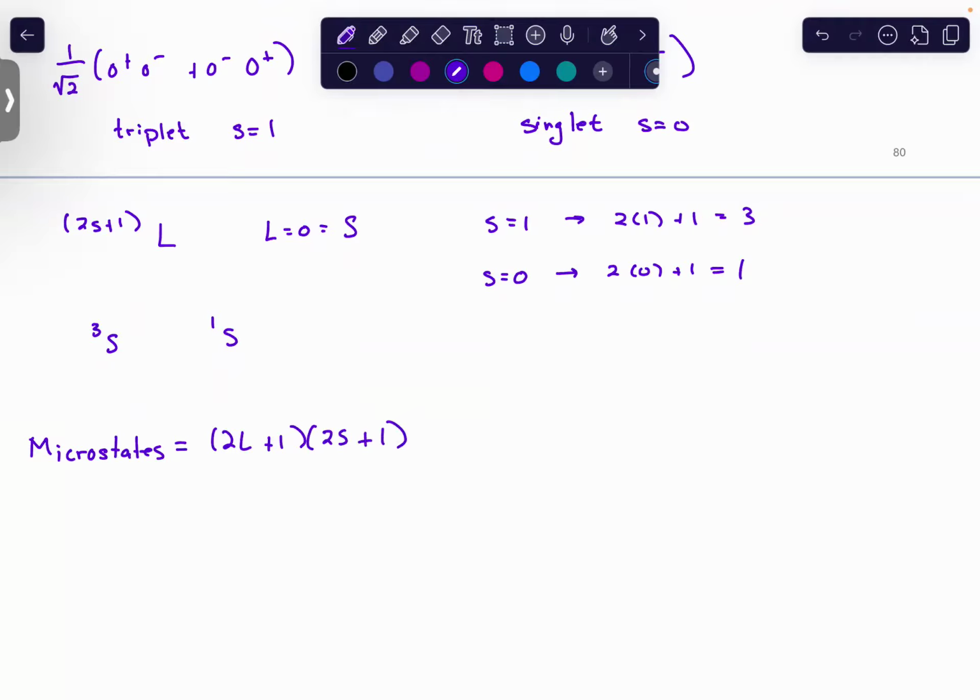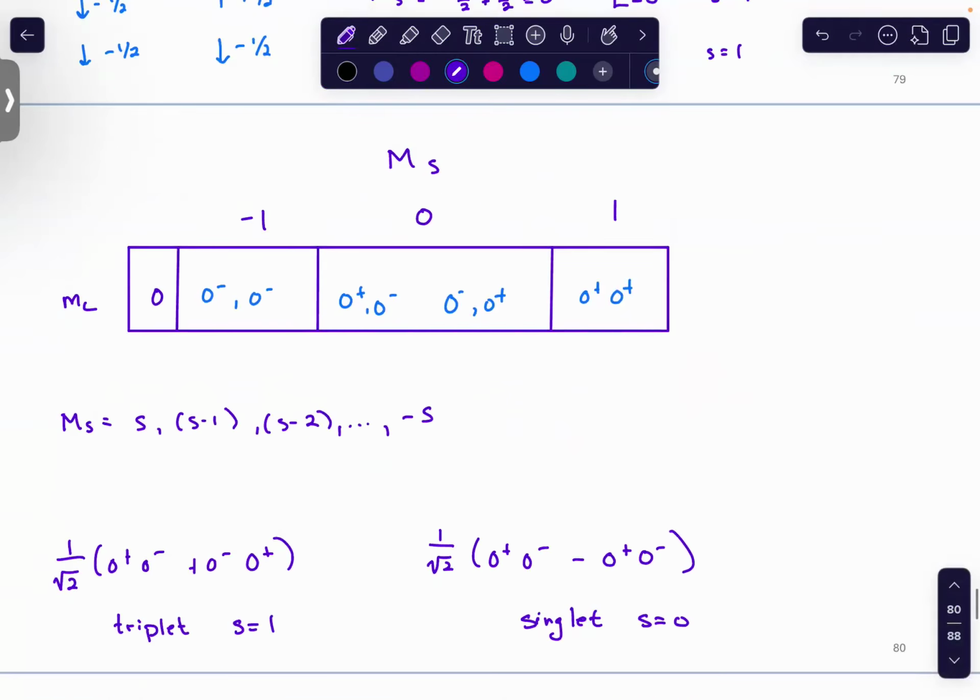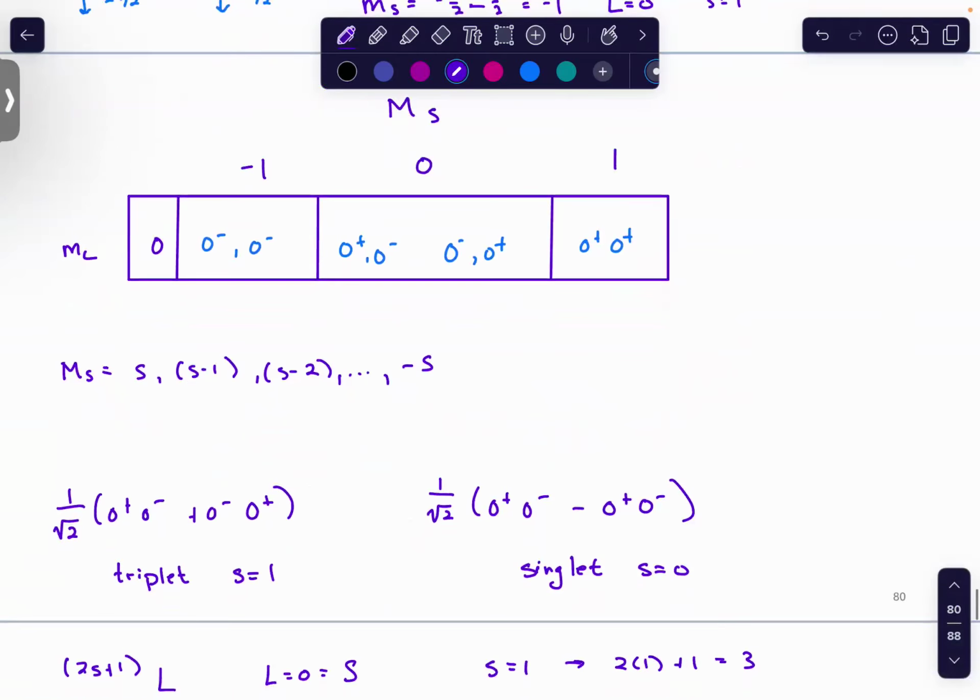That tells you how many of your states each one gets. Now, the reason this is more abstract is you look here in the center, you can't really look at this and say, well, that one is the singlet and that one's the triplet. It's just one of those goes to the triplet because the triplet has to have three microstates allotted to it.